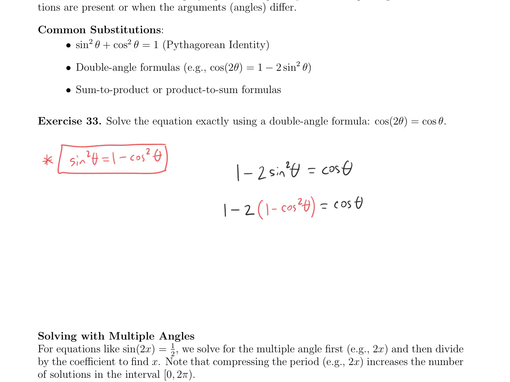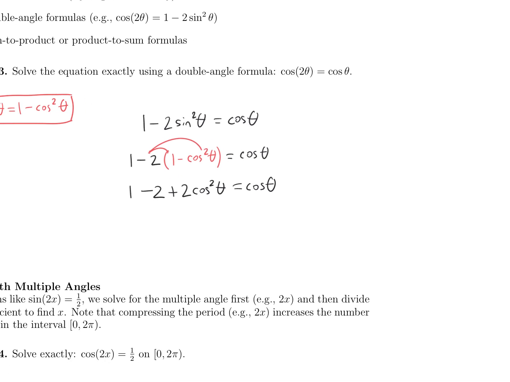All right, and now as you can see, we have everything in terms of cosines. We no longer have sines and cosines mixed up. We do, however, have to distribute the -2. So the equation becomes 1 minus 2 plus 2 cosine squared theta equals cosine theta.